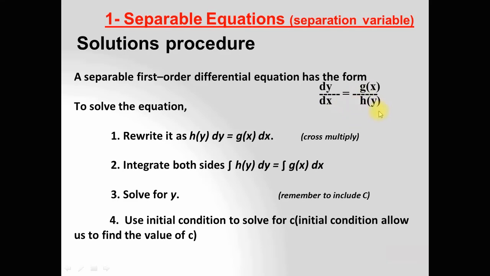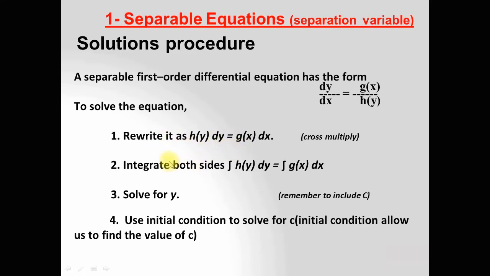Since h is a function of y, join it to dy, and g is a function of x, so join it to dx. And these two operators will not be in the denominator.